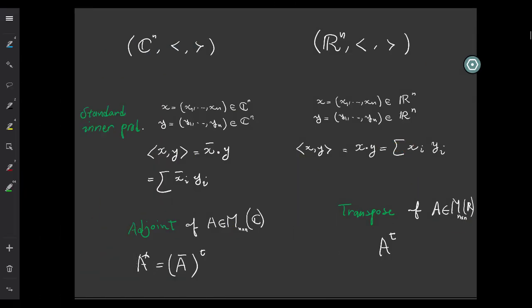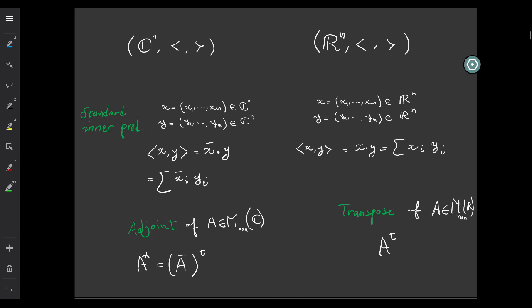problems. For simplicity, what I will cover today is mostly on Rn, but whatever I say can be extended, generalized to Cn. The only difference is that you should be careful when you're using a standard inner product for Cn. We put conjugation on the first vector. Okay, we can also put the conjugation on the second vector.